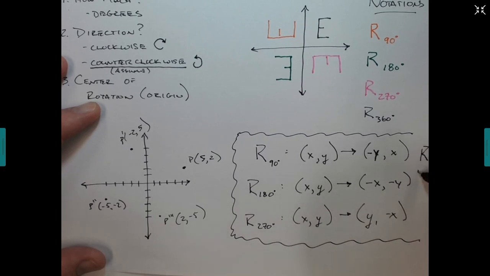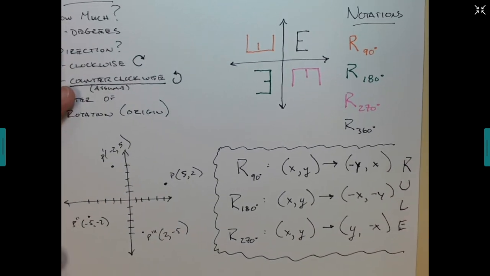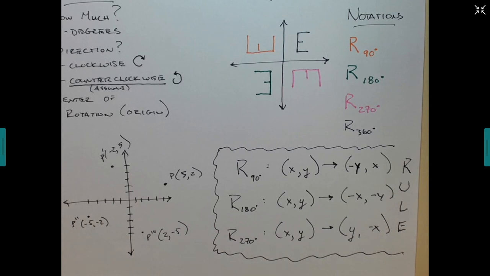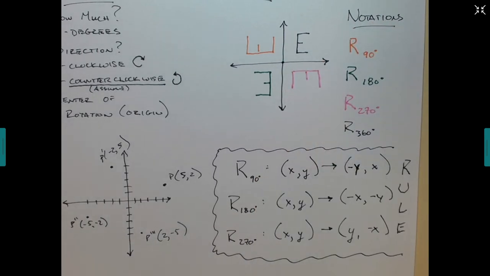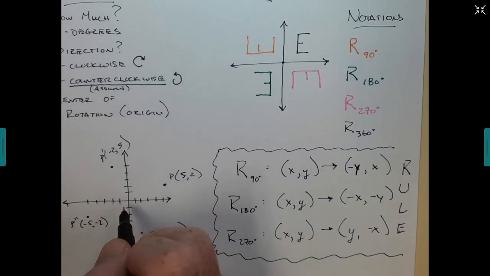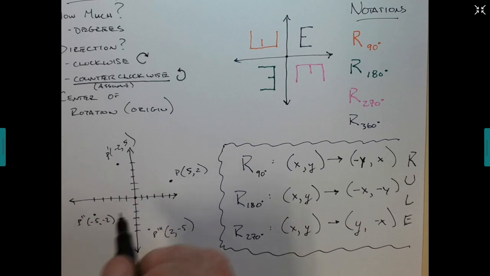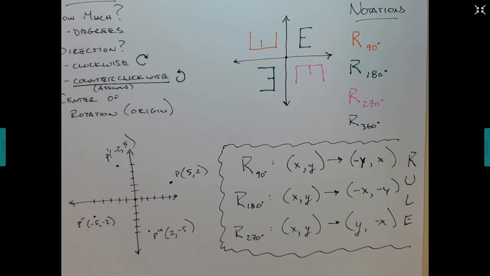I would highly recommend writing down this rule and keeping it close, if not memorizing this. All right? And this is all assumed to be rotating around the origin. Okay? So make sure you practice this on your homework because it's not always that easy. Good luck.